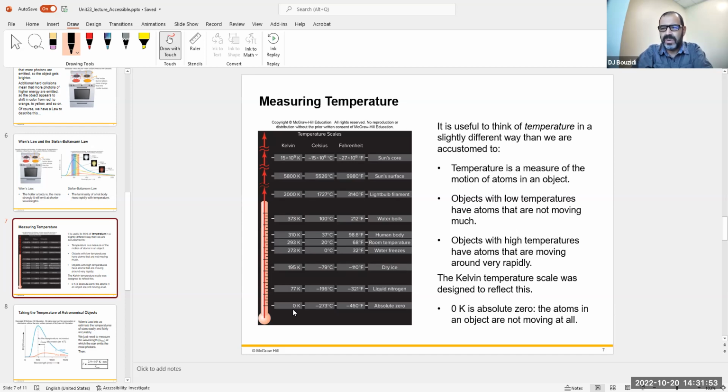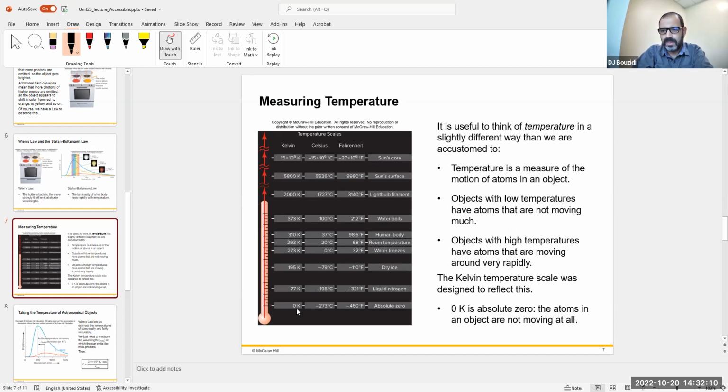Number two, as a matter of fact, you cannot even have 0 Kelvin. 0 Kelvin is an ideal temperature, okay? It doesn't exist in real life. No matter how far advanced in the age of the universe, it's never going to reach 0 Kelvin exactly.